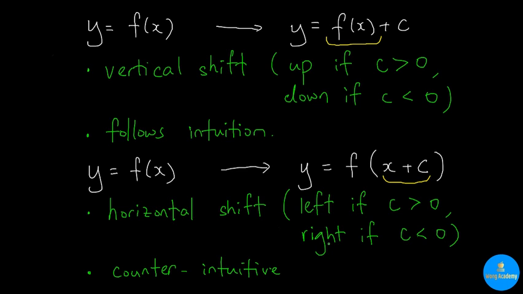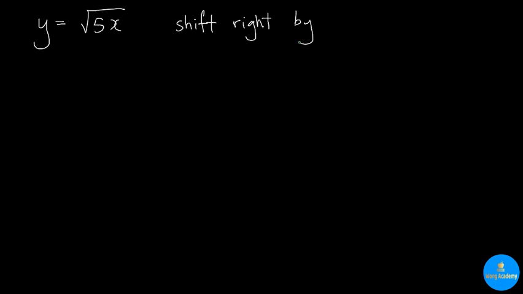Before we end this video, let's take a look at one more example. Consider the equation y equals the square root of 5x. If you want to shift this equation by 1 unit to the right, then what does the new equation become?